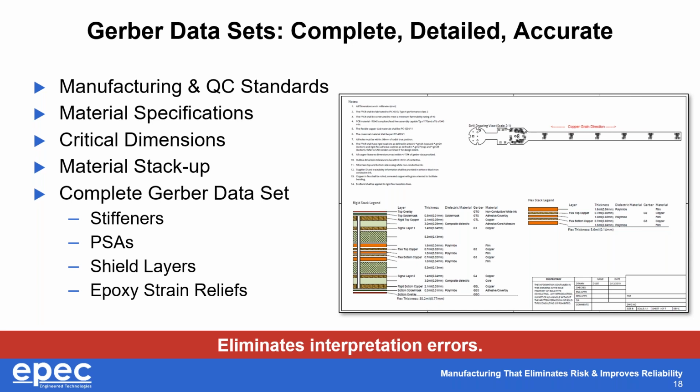So we're going to work with our customers to optimize the data set and ensure that it contains all the relevant manufacturing and QC standards, all the relevant material specifications, and we recommend to our customer that the materials be defined by the IPC material specifications so that you don't get locked into a specific brand or part number of material that may cause availability issues.